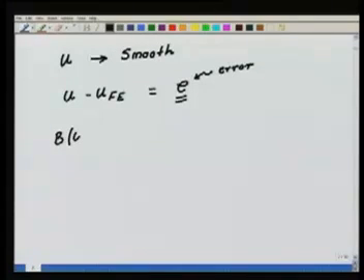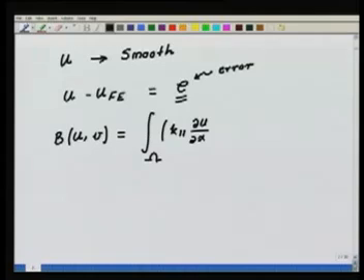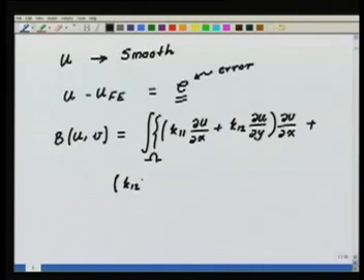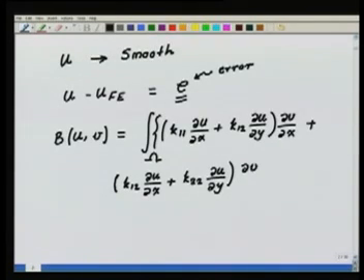Okay, we are more familiar with strain energy kind of terms. So here what we are going to define, as we had done earlier, B(U,V) from our variational formulation of the weak form, is the integral over the domain omega of (K11 ∂U/∂x + K12 ∂U/∂y) ∂V/∂x + (K12 ∂U/∂x + K22 ∂U/∂y) ∂V/∂y dΩ.